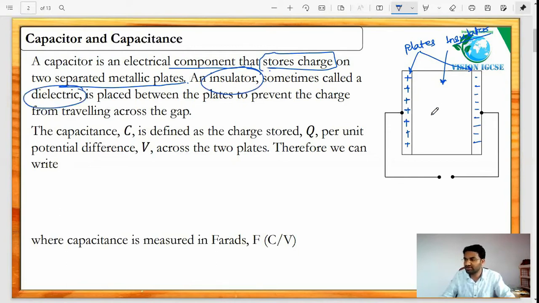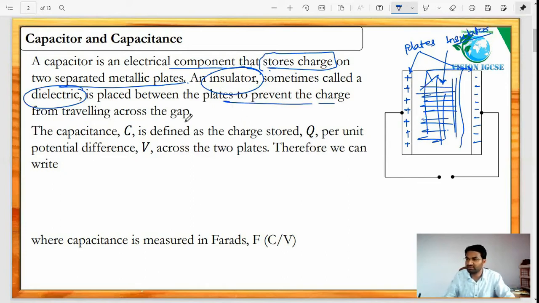This dielectric material is placed between the two plates and prevents the charge traveling across the gap.